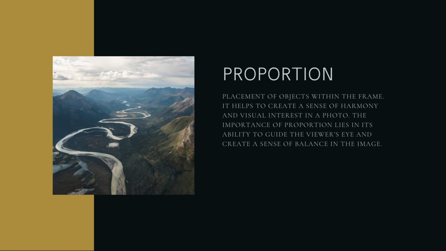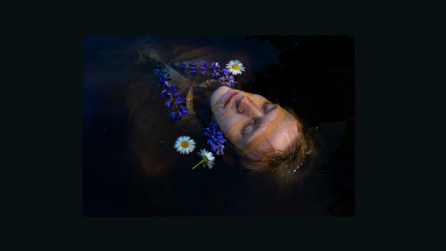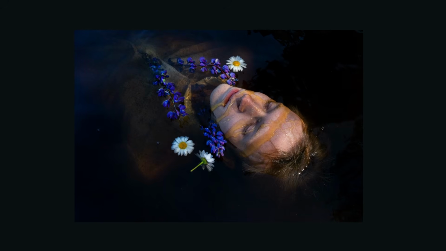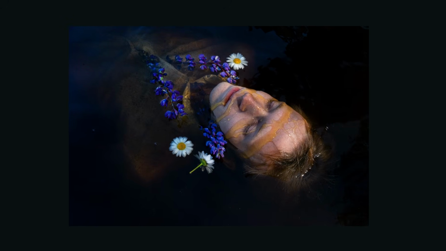Proportion. Proportion is the placement of objects within the frame. It helps to create a sense of harmony and visual interest in a photo. The importance of proportion lies in its ability to guide the viewer's eye and create a sense of balance in the image. For example, in portrait photography, the subject's face should occupy a significant portion of the frame, but not so much that it becomes overwhelming or takes away from other elements in the image.